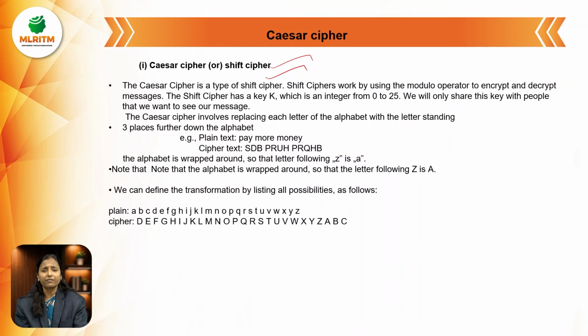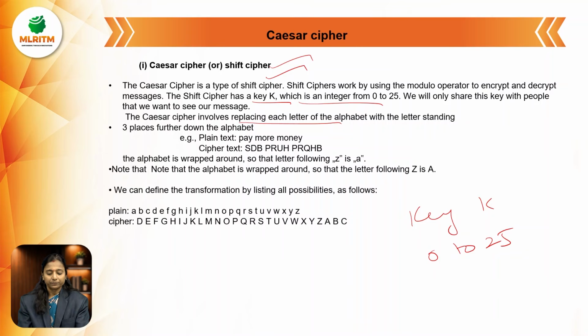Here the shift will act as a key. The key will be represented as K, an integer taken from 0 to 25. The Caesar cipher involves replacing each letter of the alphabet with the letter standing some positions further down the alphabet.